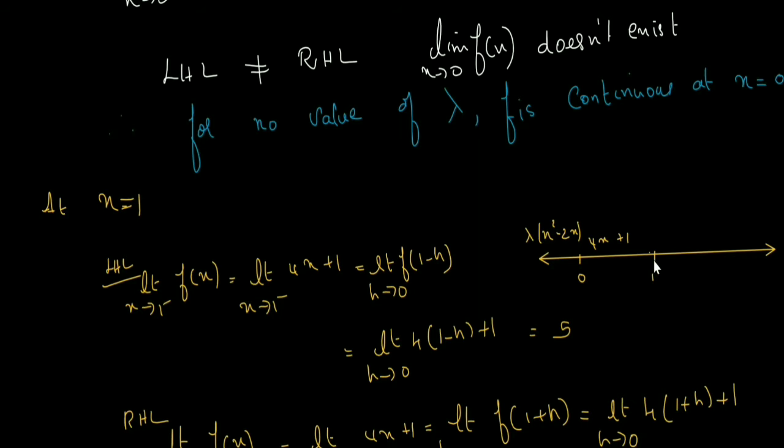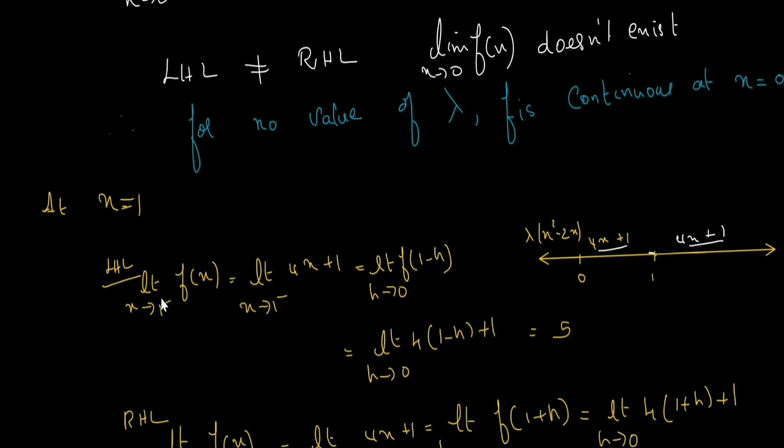Since 1 is greater than 0, the function is 4x plus 1 near 1, on both sides, also less than 1.